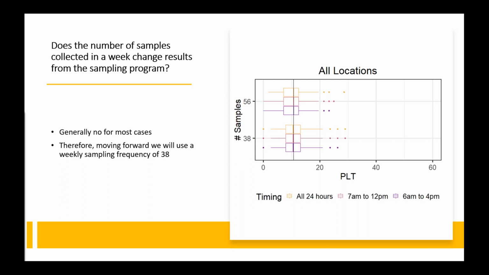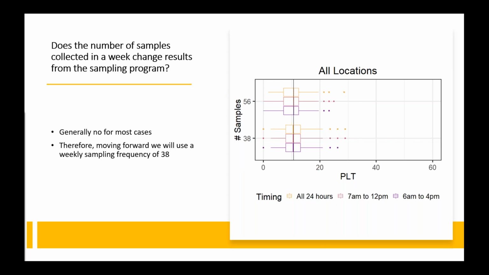Again, keep in mind that free chlorine is our water quality parameter of interest here. Looking at this box plot, the vertical black line that cuts through the boxes represents the true PLT, or PLT actual value. You can see that we have our different timings and different numbers of samples.